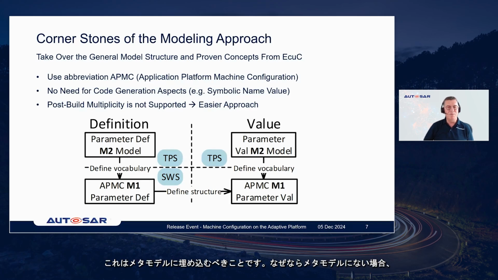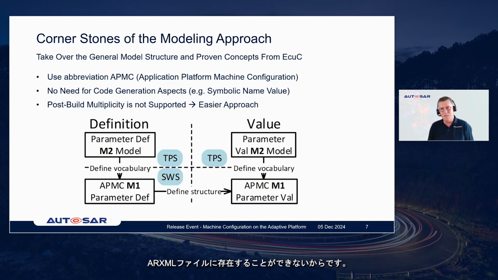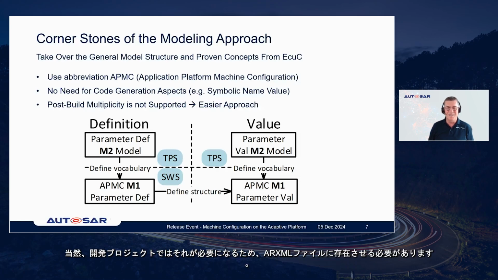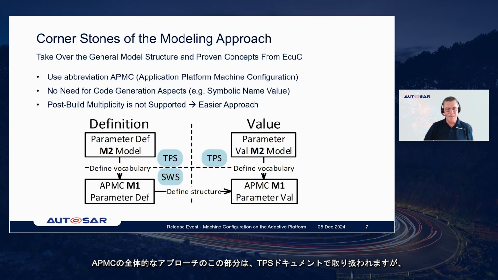This has to be embedded into the meta model, because if it's not in the meta model, it cannot be in an ARXML file, but it needs to be in an ARXML file because you need to use it in a development project. And this part of the overall approach for APMC is handled in a TPS document, and I'll explain more details about this document later.